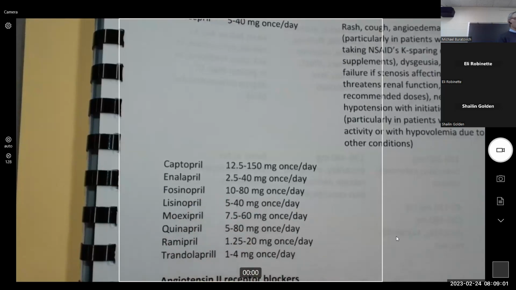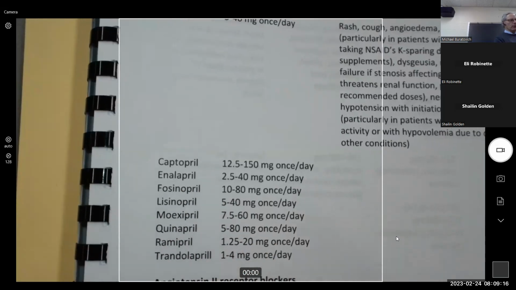Those are all ACE inhibitors. They inhibit angiotensin converting enzyme. They prevent the production of angiotensin II. They increase production of bradykinin. They increase the half-life of bradykinin. Therefore, they lower blood pressure.